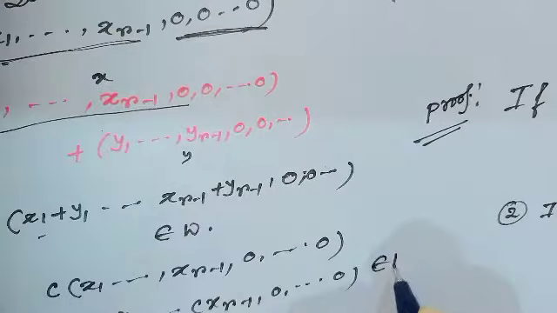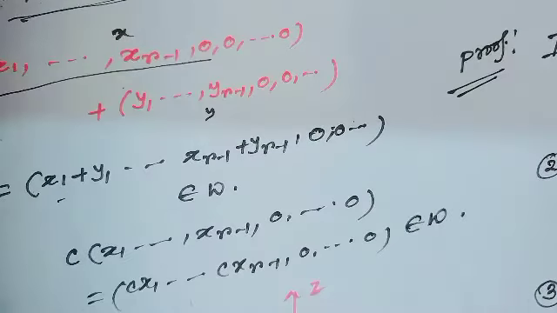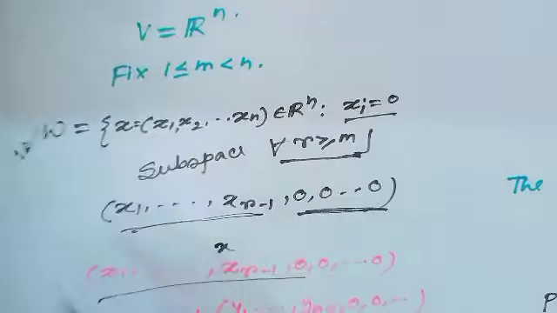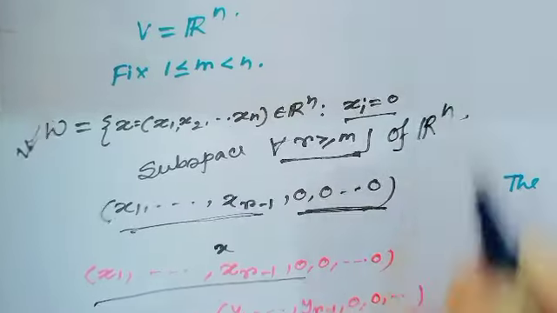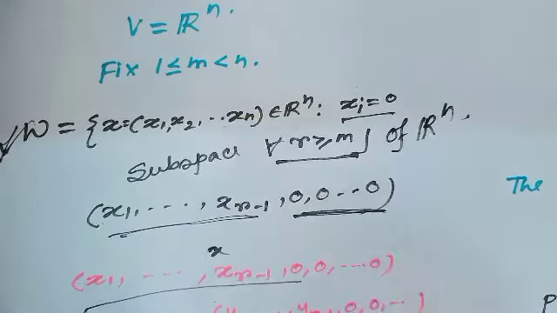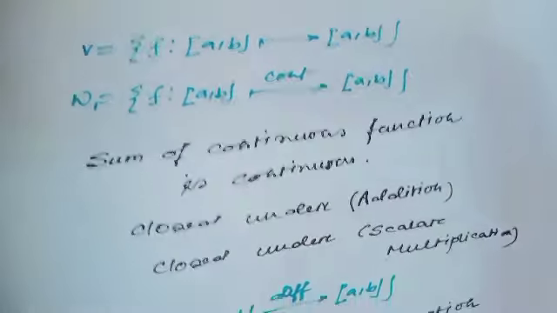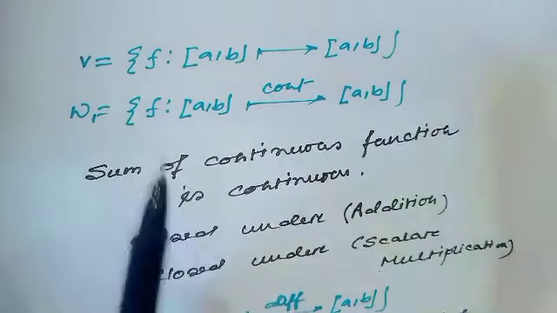Obviously this also belongs to W. That means the set W is a subspace of Rn. Are you getting it? Well.